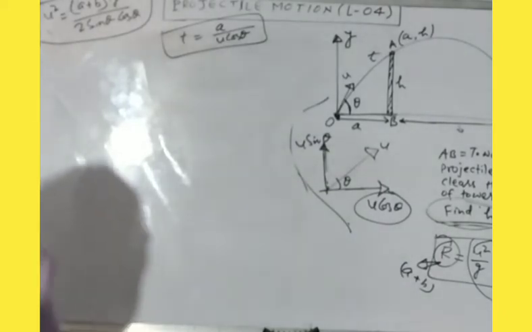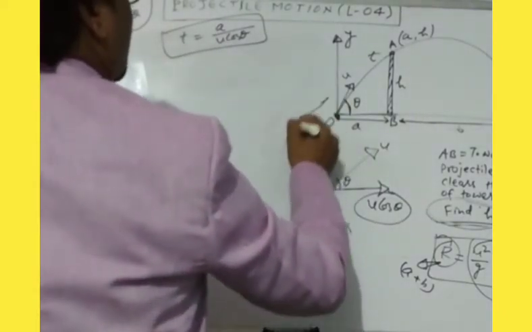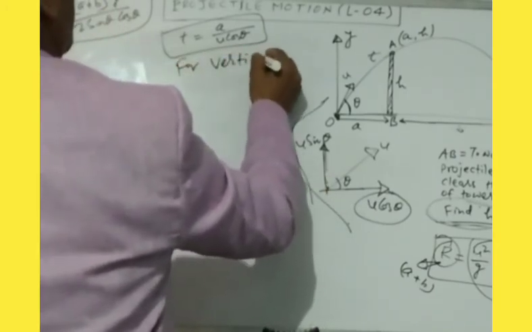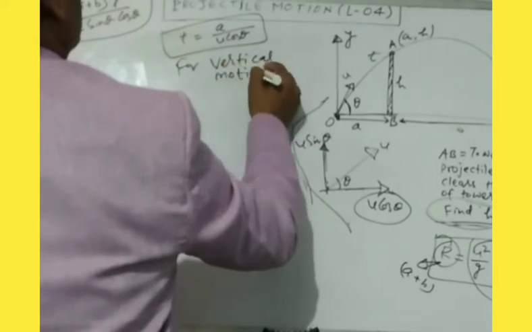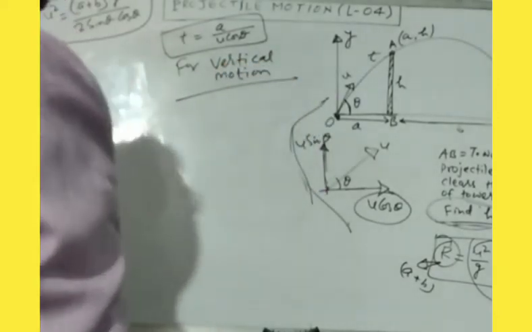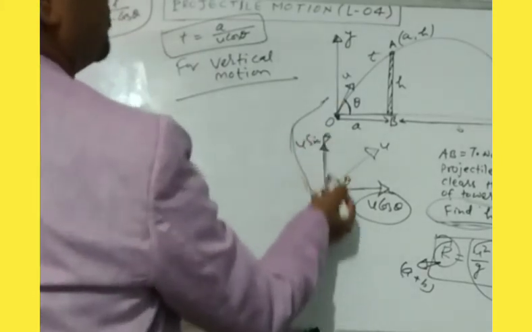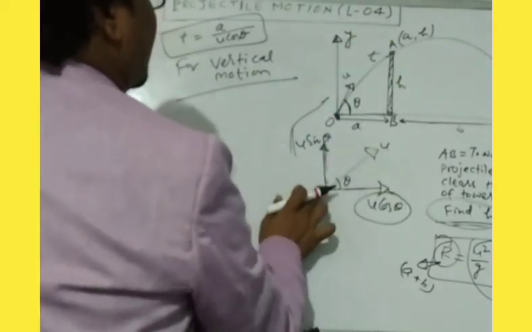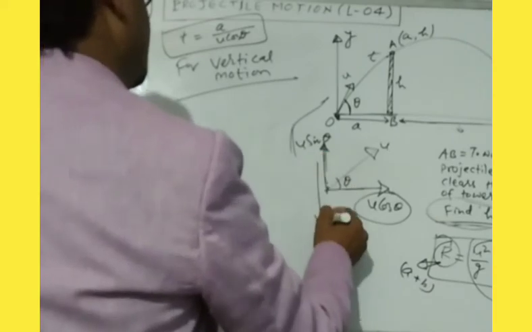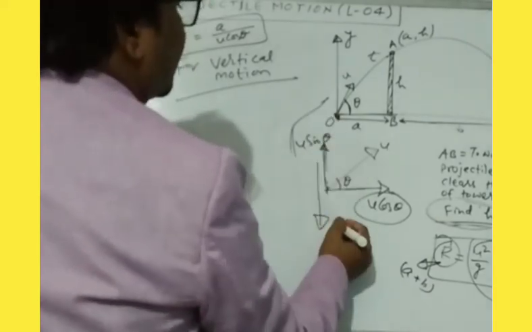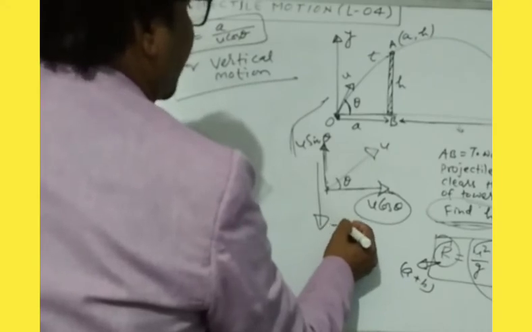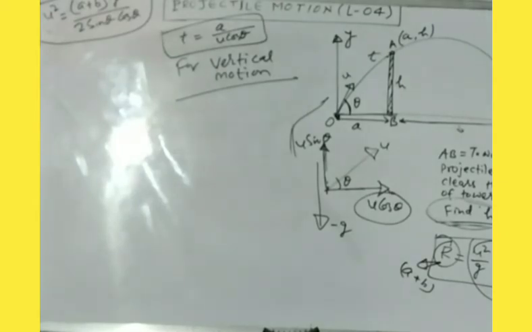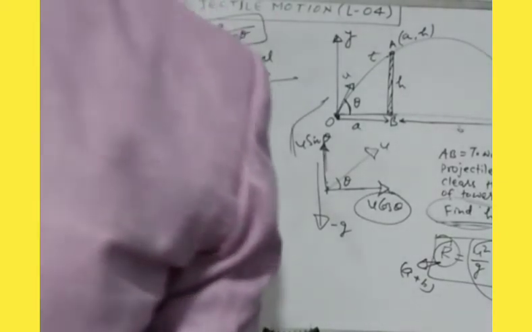For vertical motion, what can you write? For vertical motion, the velocity is u sin theta, and the total height gained is small h, and a retardation is acting, that is acceleration opposite to u sin theta, which is g, and you can put minus g because it is acting vertically downward, opposite to the upward velocity u sin theta.